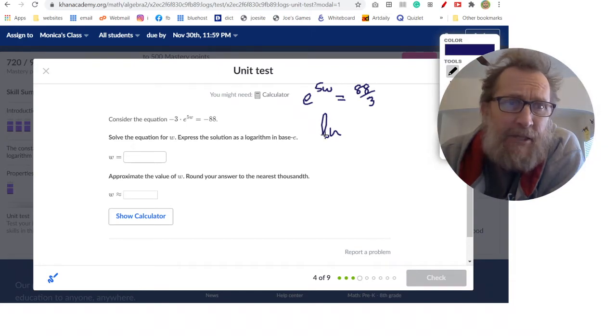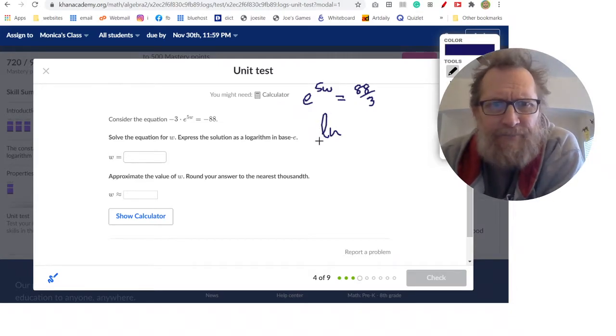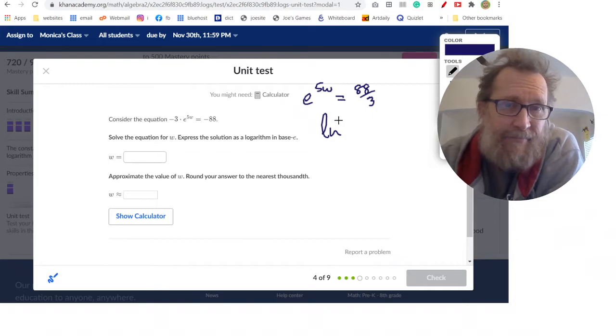It's log naturel. I believe that's why it's ln, because in French they put the adjective afterwards. So this is the natural log of 88 thirds equals 5w.